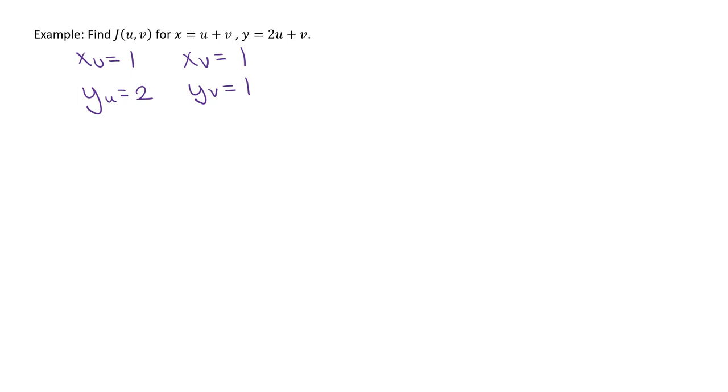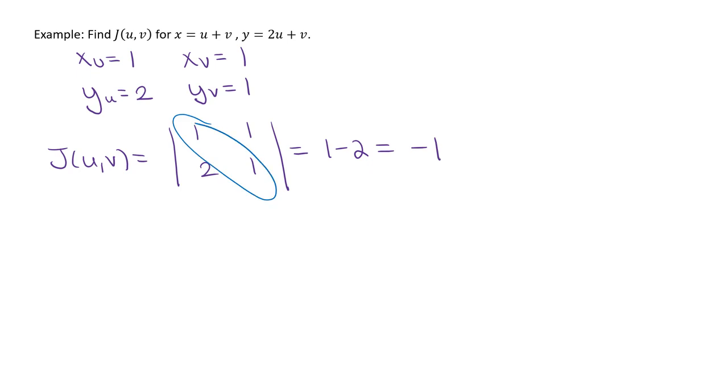Derivative of y with respect to v is 1. And then I'm going to put those derivatives into my determinant form. And so to compute my Jacobian, I'm going to take 1 times 1, which is 1, minus 2 times 1, which is 2, and I get negative 1. So my Jacobian is negative 1.